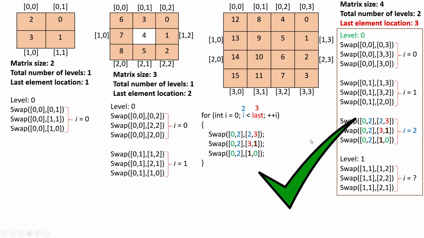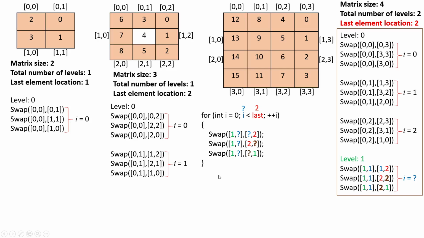Everything is working. Now we go over to level 1, which we haven't incremented the level at all, so now we have some work to do. So how are we going to do this? I is equal to question mark. Last is now 2 because we're in this inner loop. So here's what we're going to do.